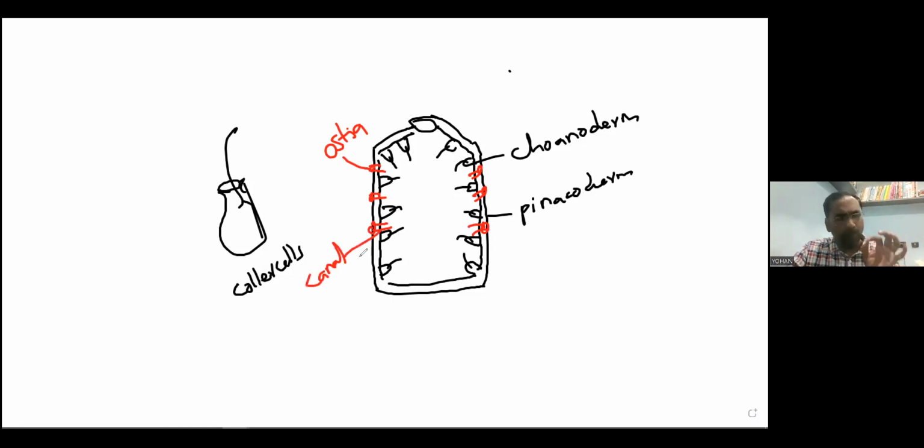Very, very important. The peculiar system found in porifera is the canal system. These canals open into a space called spongiocele, and this spongiocele opens out through a big opening called osculum.